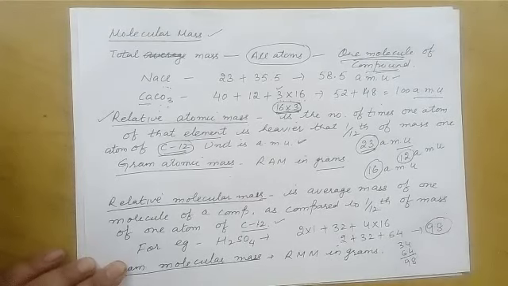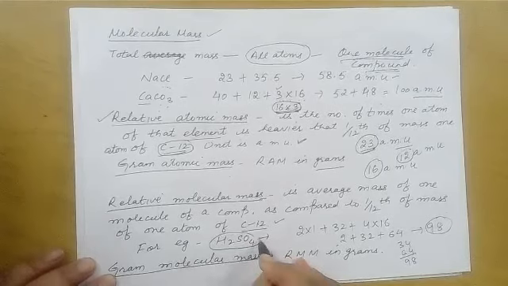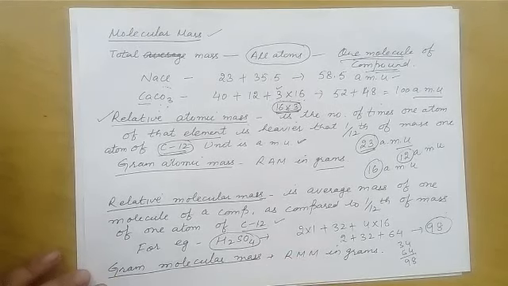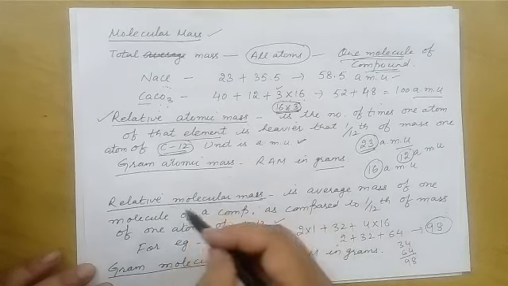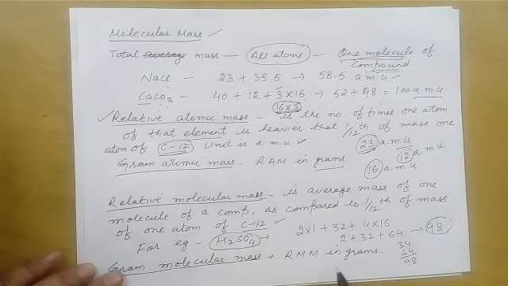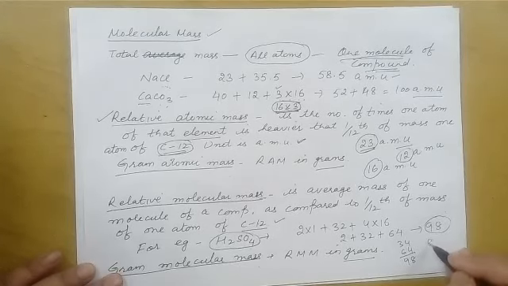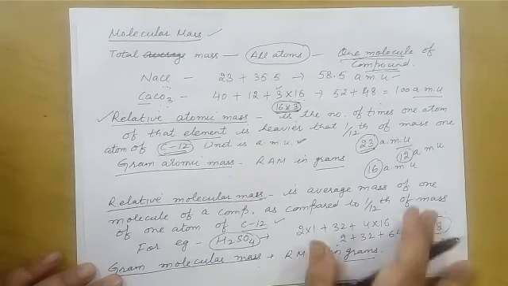What is 98? 98 is relative molecular mass of H2SO4. Gram molecular mass, it is relative molecular mass in grams. So sulfuric acid, gram molecular mass is 98 grams.